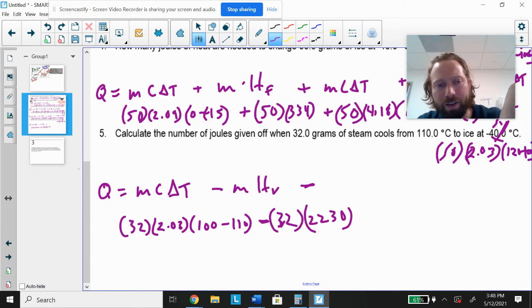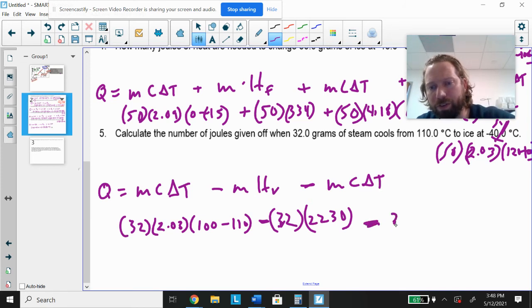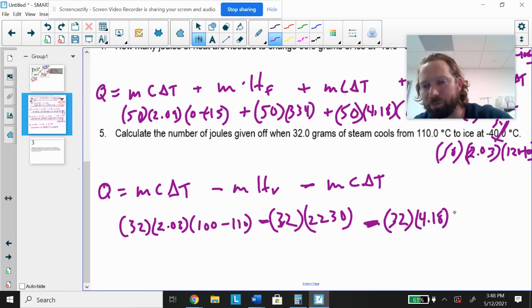Minus, again, now you're going to do mc delta T to go down from 100 down to 0. So again, 0 is my final, 100 is my initial.